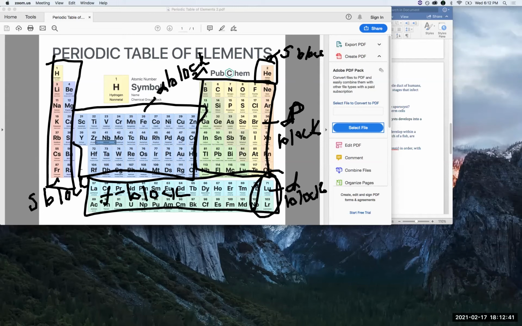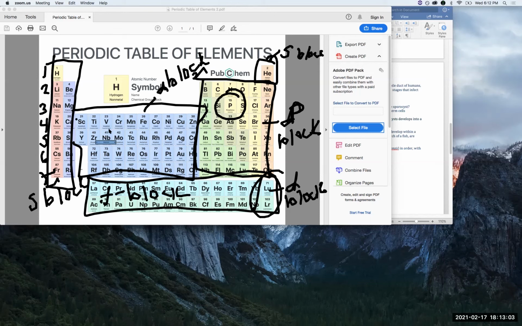So if we were trying to find the electron configuration of phosphorus, which is right here, remember these are levels 1, 2, 3, 4, 5, 6, 7. And then it gets a little weird when you get into your D block, because instead of starting at the 4th level, it's going to start at the 3 level. Remember 3D1, 3D2, and so on.